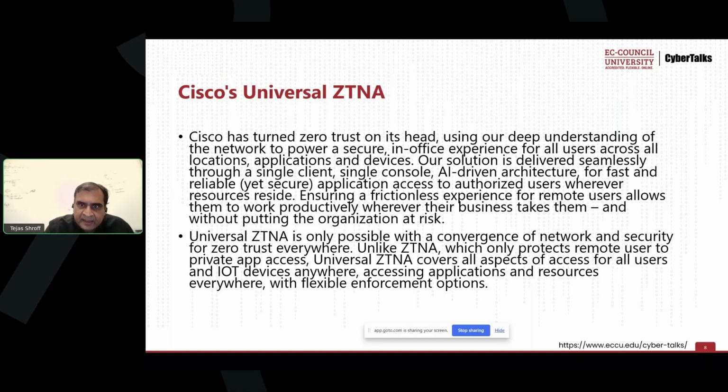So universal ZTNA is a convergence of network and security for zero trust everywhere. ZTNA protects the remote user to private app access. Universal ZTNA covers all aspects of access for all users and IoT devices everywhere. So universal ZTNA has a much larger scope than a regular ZTNA, which was focusing primarily on countering the VPN.